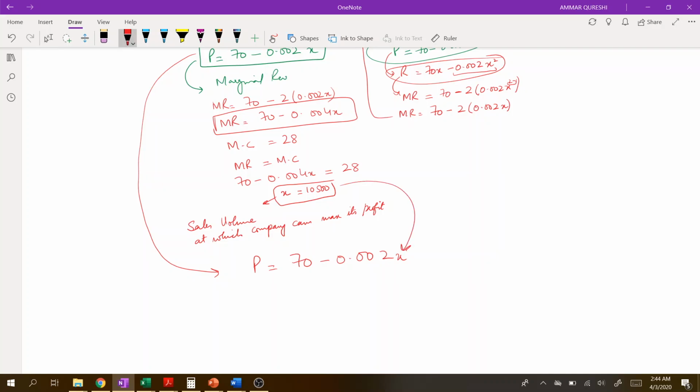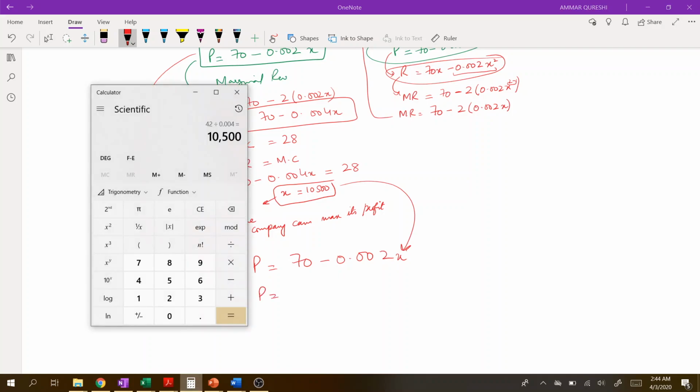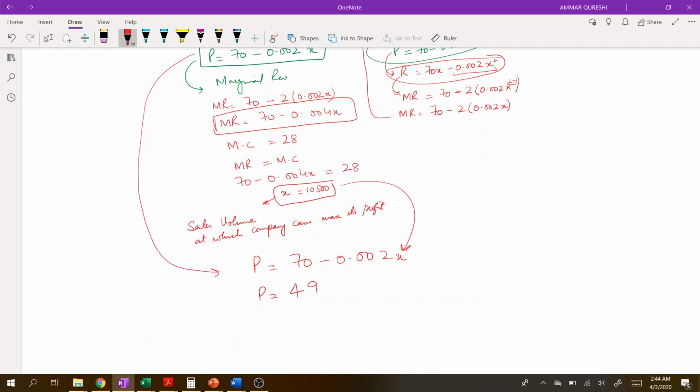When you plug in this X of 10,500, that will give you the selling price at which the company can maximize its profit. So P is equal to 70 minus 0.002 times 10,500, that makes 49. So at a selling price of 49, the company can maximize its profit.